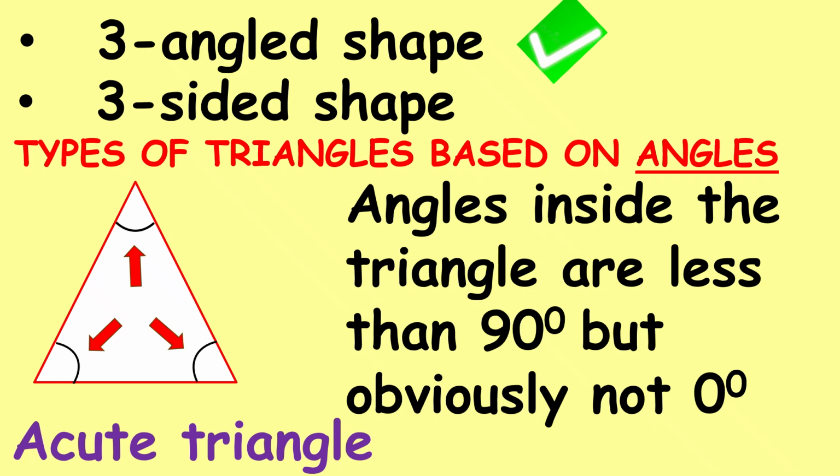So therefore, this kind of triangle is called an acute triangle. This angle is less than 90 degrees. This angle here is also less than 90 degrees. And this angle is also less than 90 degrees. So therefore, this is called an acute triangle.